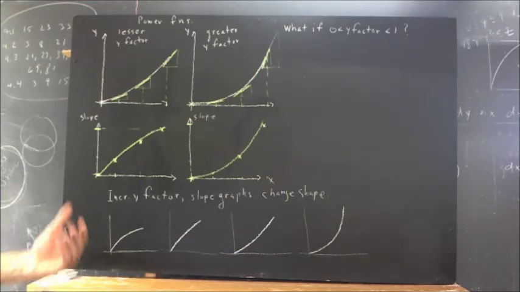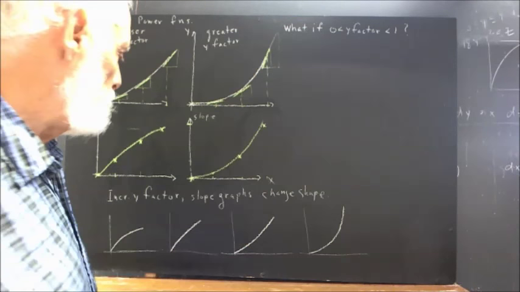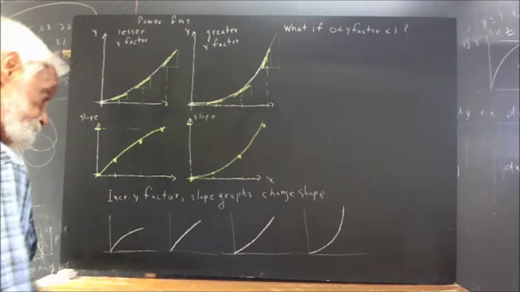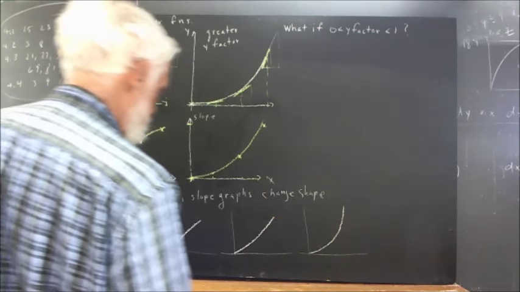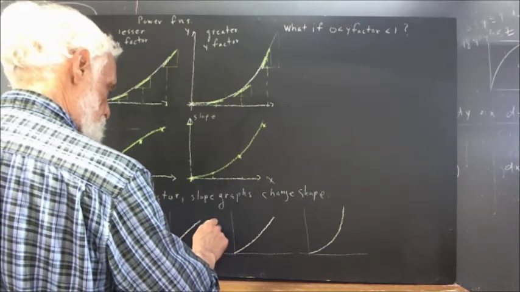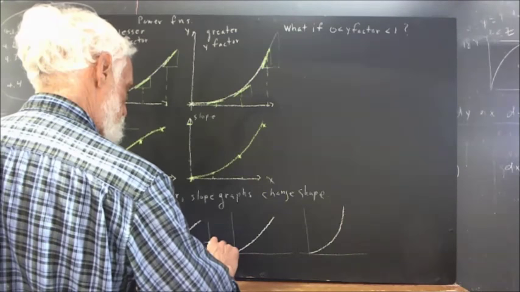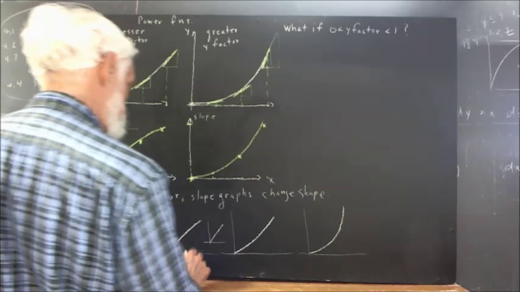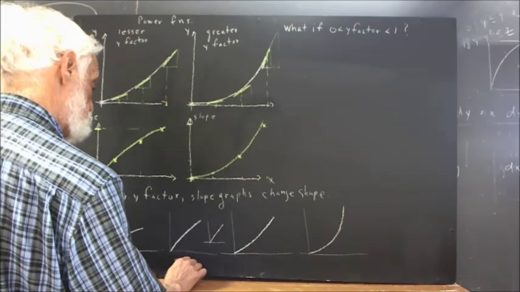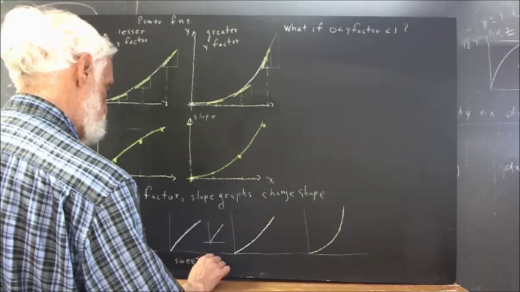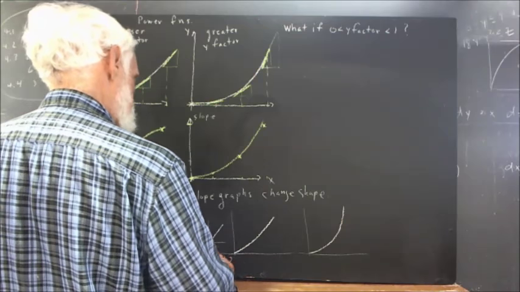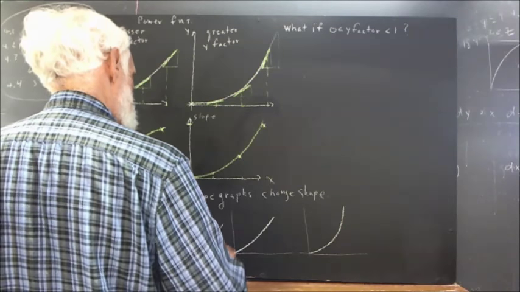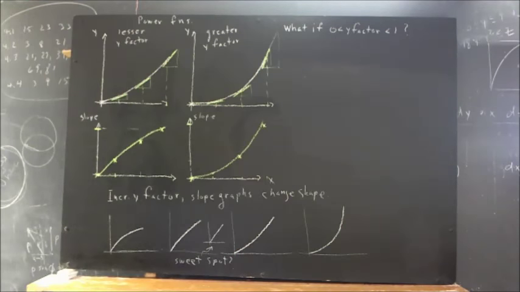Okay, now is there a sweet spot? Is there a sweet spot where the graph is linear? Didn't really leave myself room to draw that, did I? So I'm going to just kind of sketch one in here. Okay, is there a sweet spot where the graph of the slopes is linear?